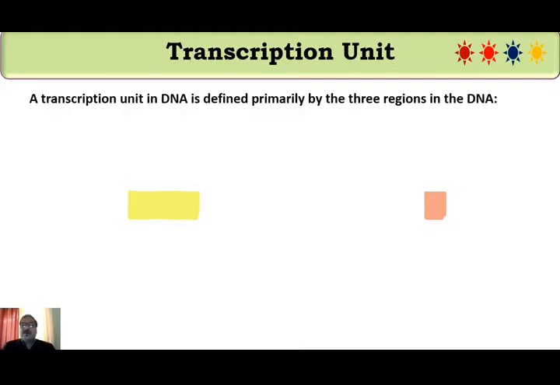Now let's see this protein synthesis in detail. Before that, first let's begin with this first step, that is transcription. A transcription unit is primarily composed of three regions in the DNA. All the transcription units will have these three regions.